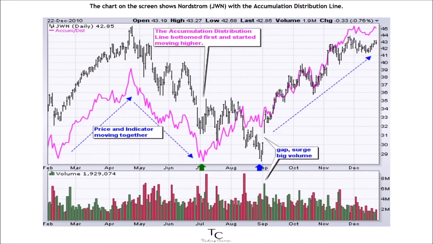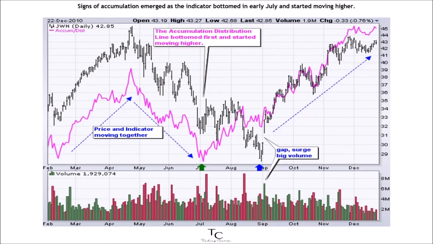The chart on the screen shows Nordstrom, JWN, with the accumulation distribution line. Notice how it is easy to compare price action when the indicator is placed behind the price plot. The indicator, pink, and the price trend moved in unison from February to June.